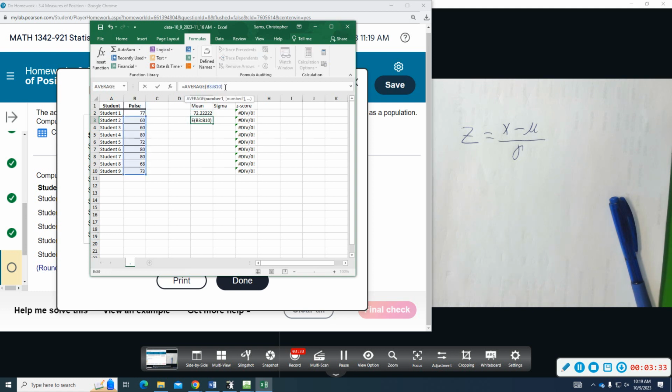Let's just say the B10. Average is doing B3 though. So it is. So let's see if it'll copy the same. I want it to copy the same formula. Okay, will it copy all the way down now? No, it keeps changing it up.